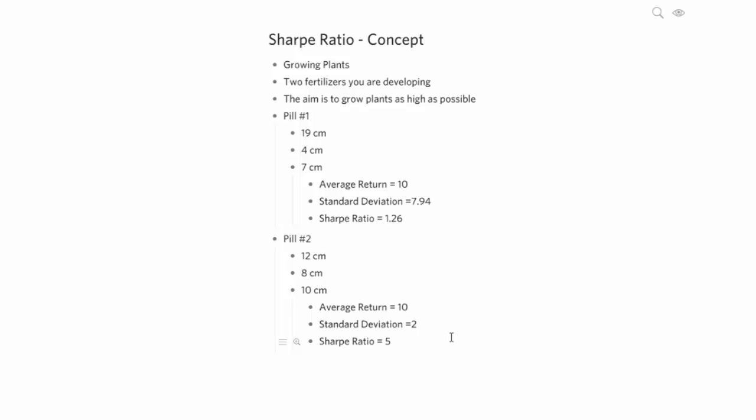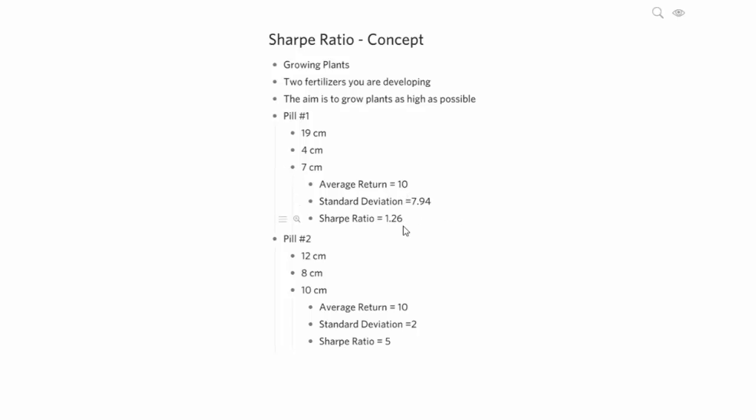Now let's change the average return a little bit and also the standard deviation. So let's say the average return is only 5 and the standard deviation is only 1. And so the Sharpe ratio actually remains the same, but the average return now for options trading strategy number 2 is lower than number 1. From just looking at the average return, number 2 is now 5, number 1 is 10.